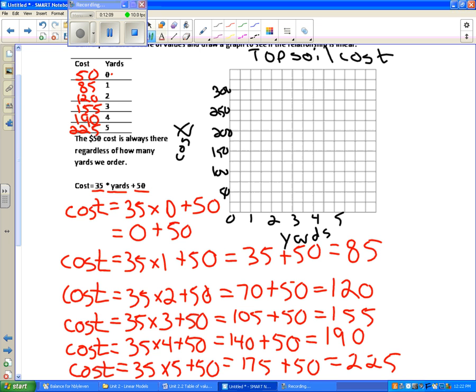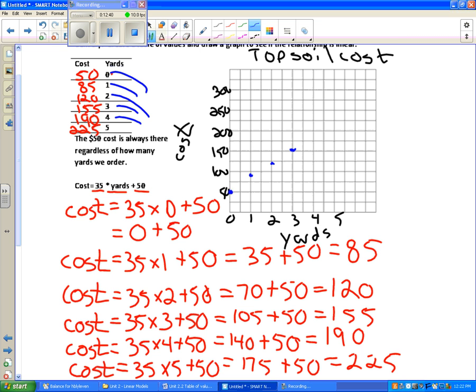Again, we've got 0. This is that weird one where it's actually going to start at 50. So 0 and 50. We've got a 1. We're going to plot 1 and 85. 85 is right about there, or approximately there. 2 and 120. 120 is going to be about right there. 3 and 155 is right about there. 4 and 190 is right about there.